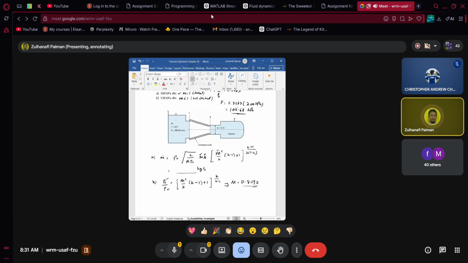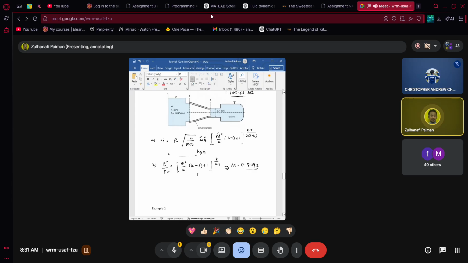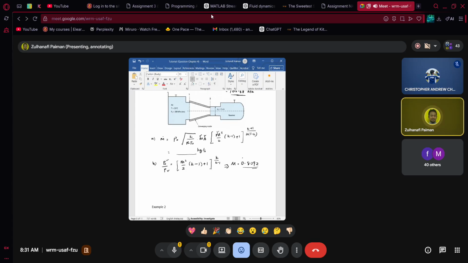Once you determine the Mach number, then you use the same equation here to get the mass flux. You substitute Mach number equal to 0.8, then you will get the mass flux.